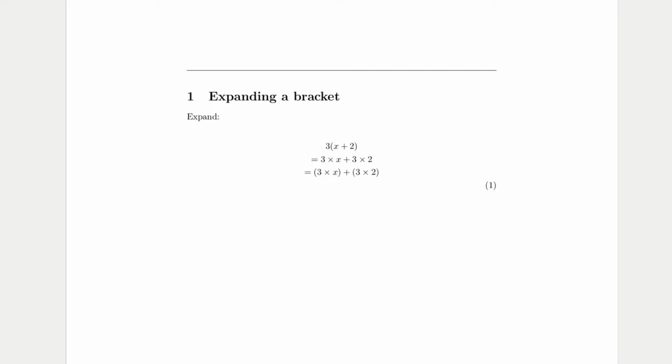These two are to be computed. And now 3 times x, we don't know x, so we just write that. In order to save ink or pixels in my case, we're just going to write 3x instead of 3 times x, and then instead of 3 times 2 we're just going to calculate 3 times 2, which is 6. So then that would be this.